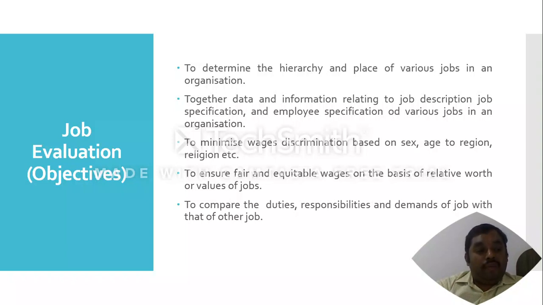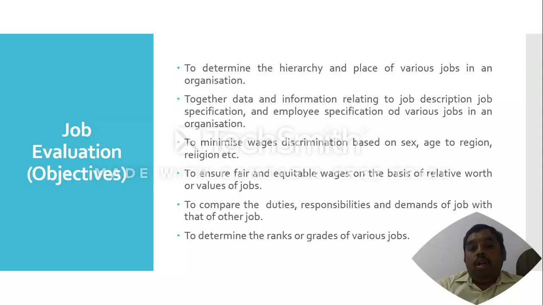And the next concept is to determine the ranks and grades of various jobs. This also plays a vital role. If we go to government companies, they check ranks and grades, like rank one, where the requirement, qualification, education, experience and skills are all looked into.